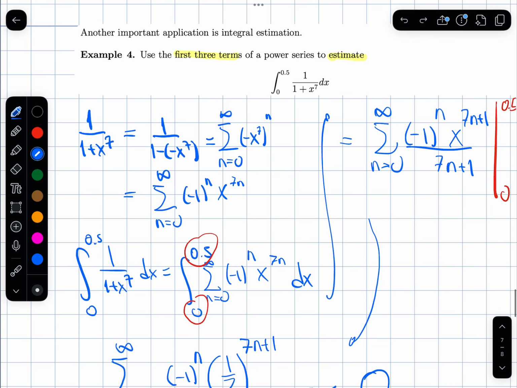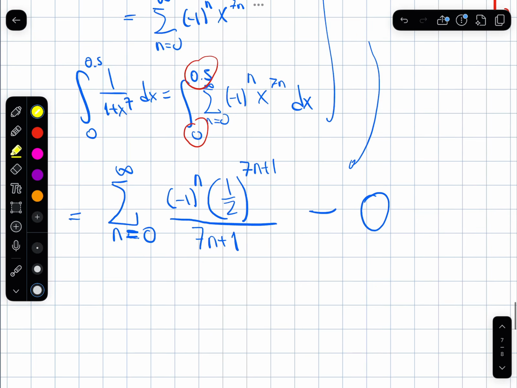And if I go back, the problem says I get to use the first 3 terms. So I only need n equals 0 to 3, to 2, I guess. 0, 1, and 2 give me 3 terms. So I'm going to use an approximation now, no longer equal.